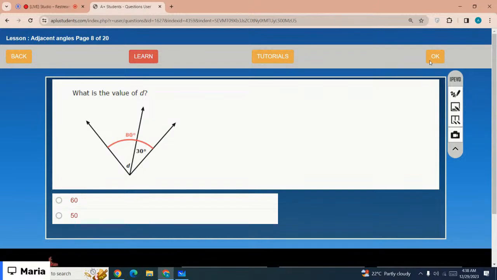What is the value of d, which is the correct option? The correct option is 50 degrees.